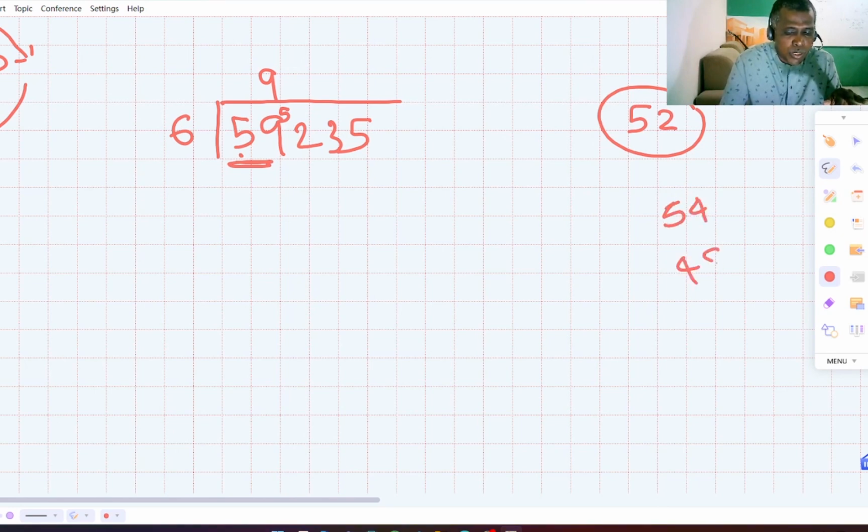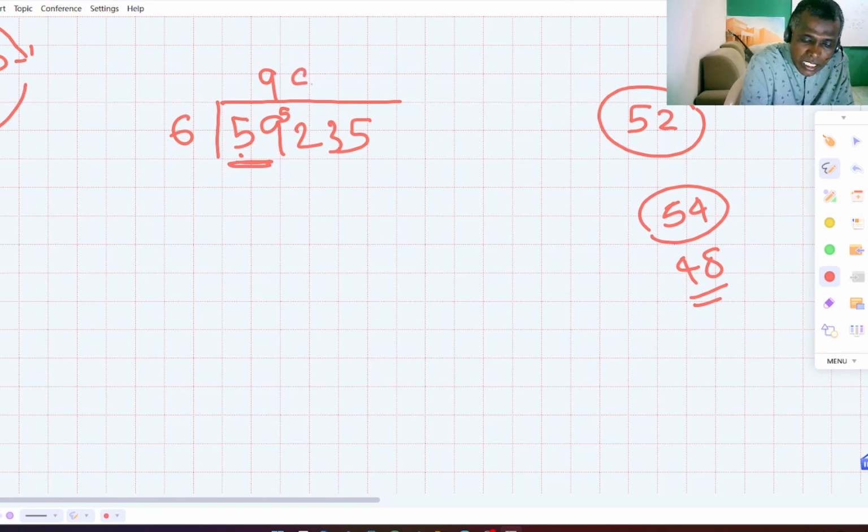Can you get 54? No. We can get only 48. That means 6 times 8 is 48. Here the value is 52. Count from 48: 48, 49, 50, 51, 52. That means you got 4 as the balance.